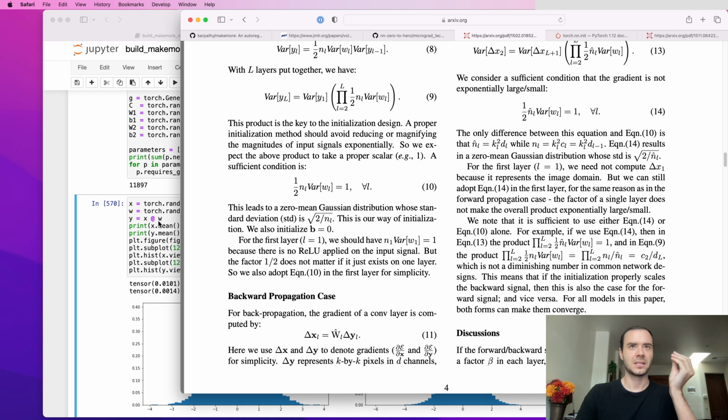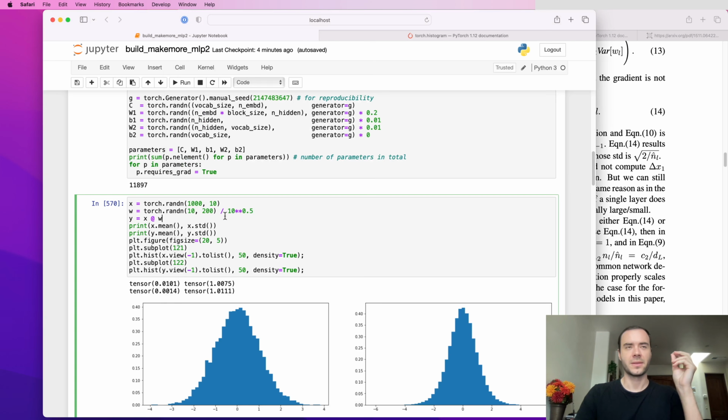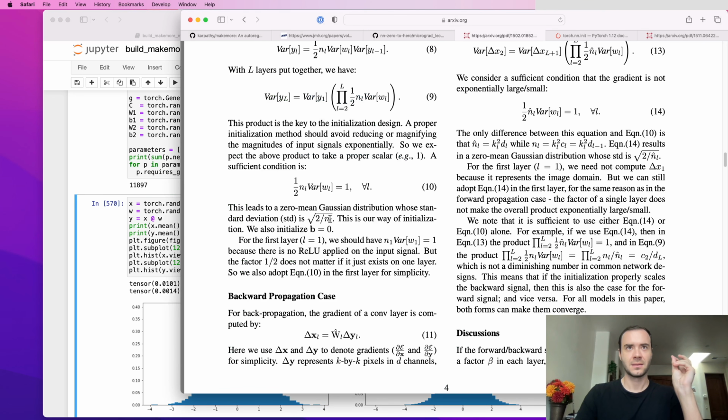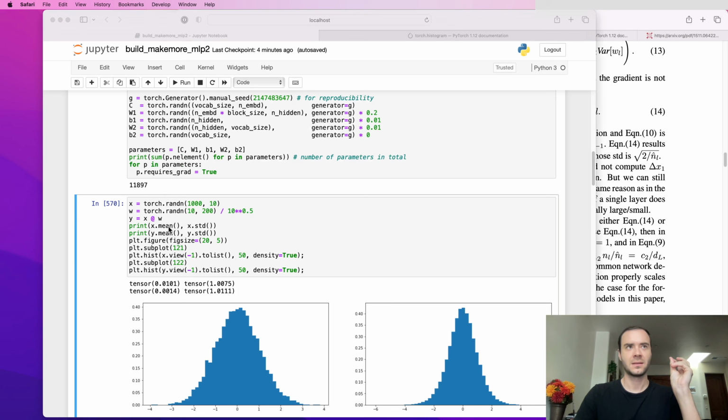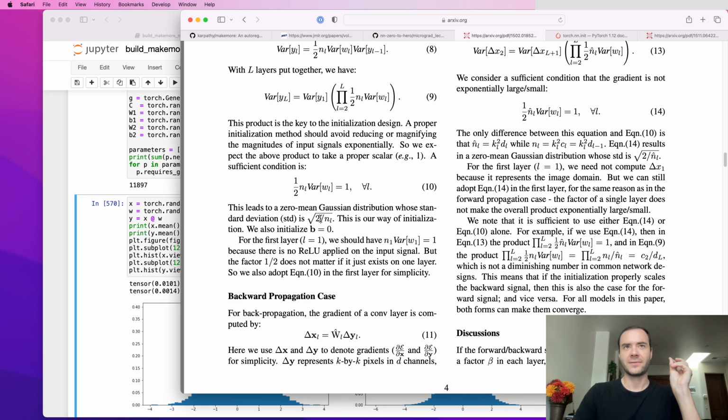What we have here is we are initializing the Gaussian with the square root of 1 over the fan-in, because we have the division here. This NL here is the fan-in. Now they have to add this factor of 2 because of the ReLU, which basically discards half of the distribution and clamps it at 0. And so that's where you get an initial factor.